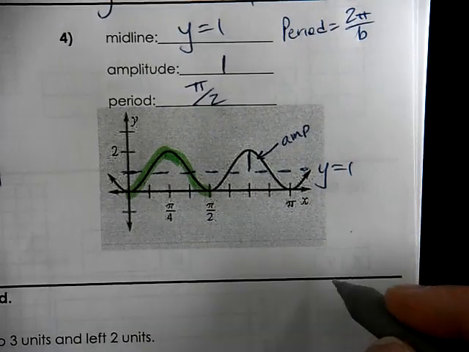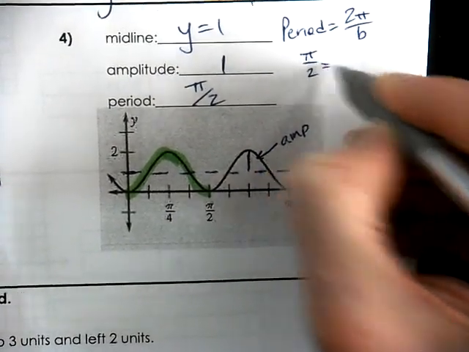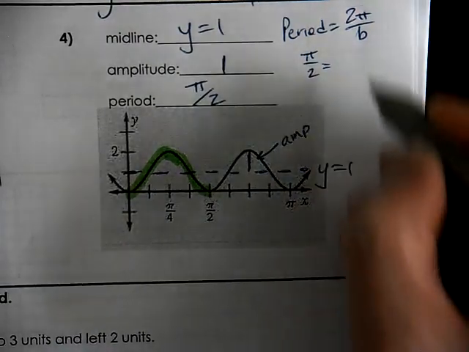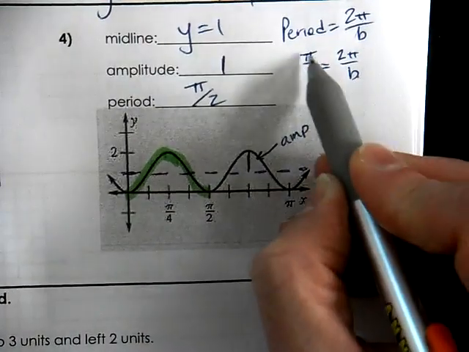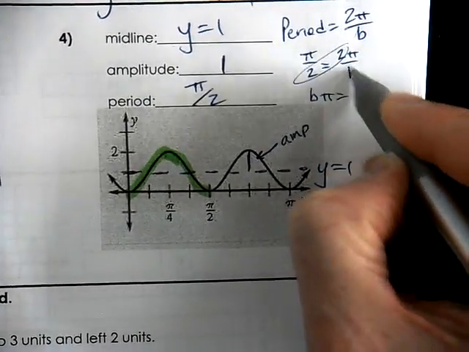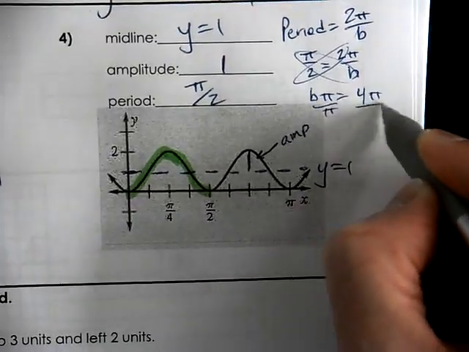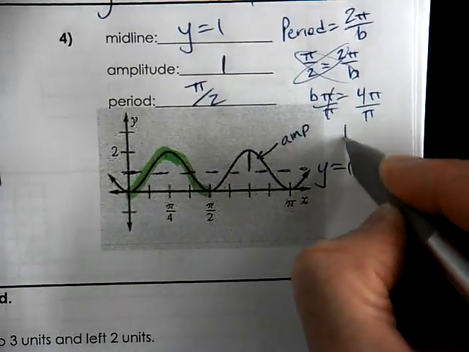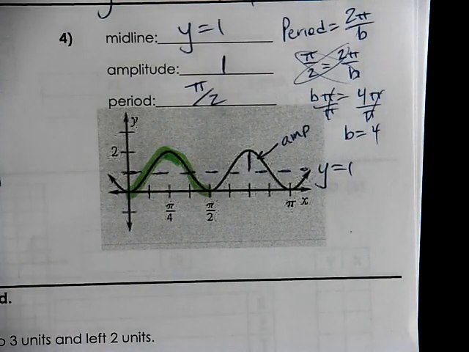But it would be good if you calculated it out. You know the period is pi over 2. So I'm going to multiply by B, multiply by 2, it's a quarter of the size, so the B value is a 4.